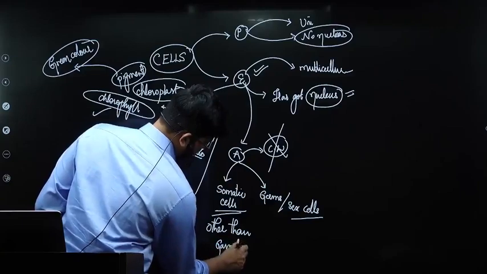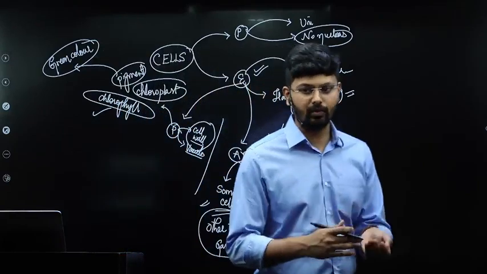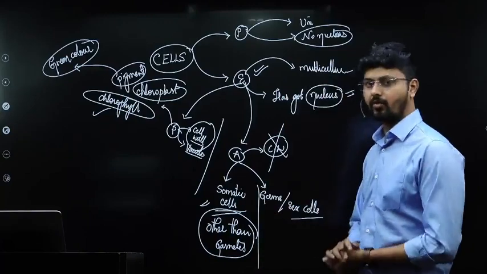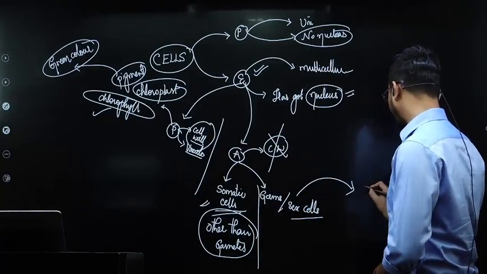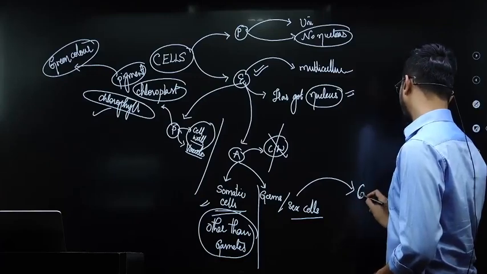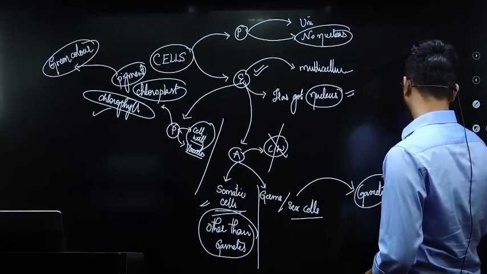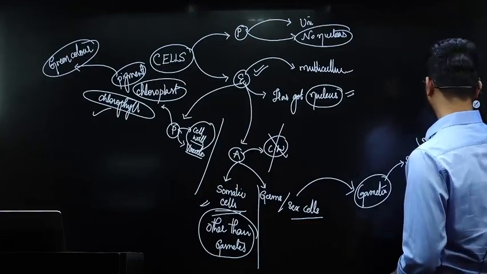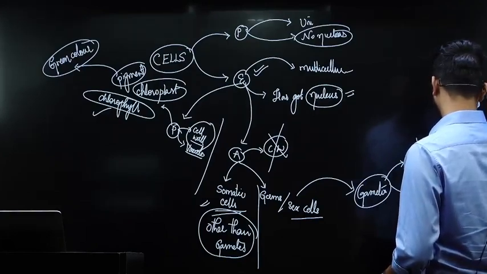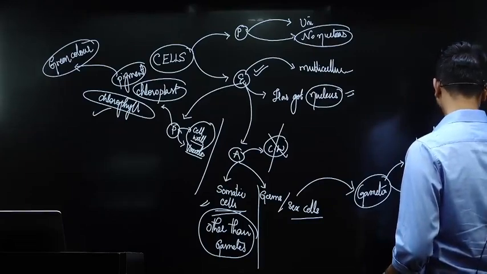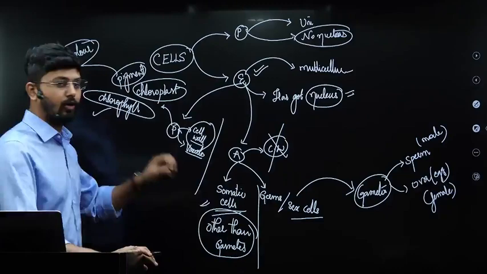All other parts are the result of multiplication of the somatic cell, or somatic cell division. So it is dividing and multiplying. Through that all other body parts are formed other than gametes, and germ cells or sex cells are responsible for the gametes, that is sperm and ova. Sperm from male and ova or egg from female. So these differences you are clear with.